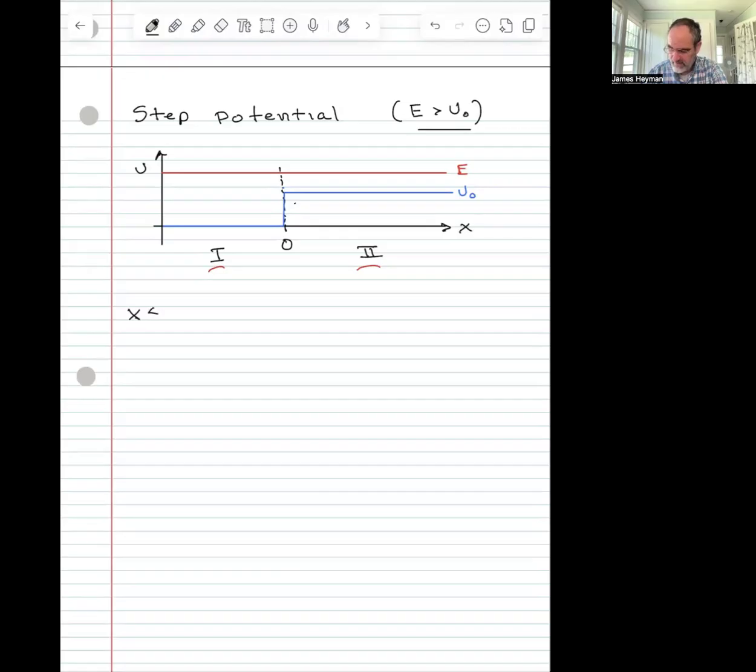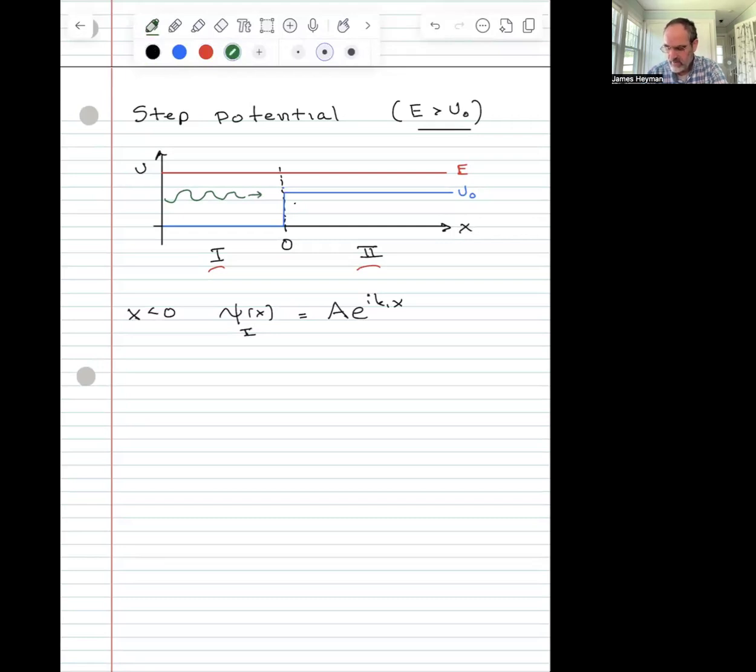First, for x less than 0, the wave function should look like this. We should have a term e to the i k1 x, because the particle in this region is a free particle. That's the wave function for a free particle moving to the right.